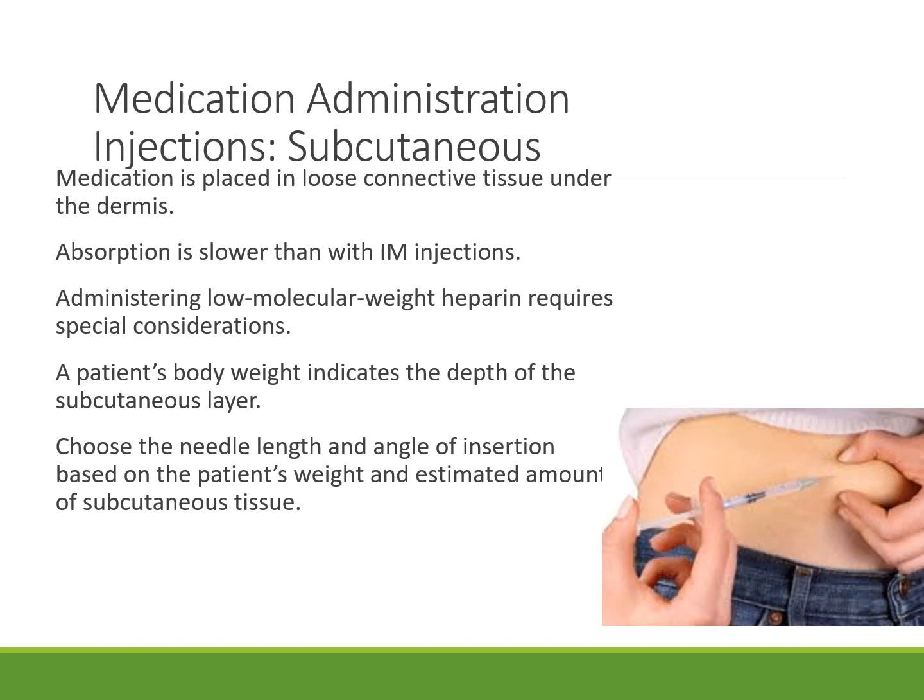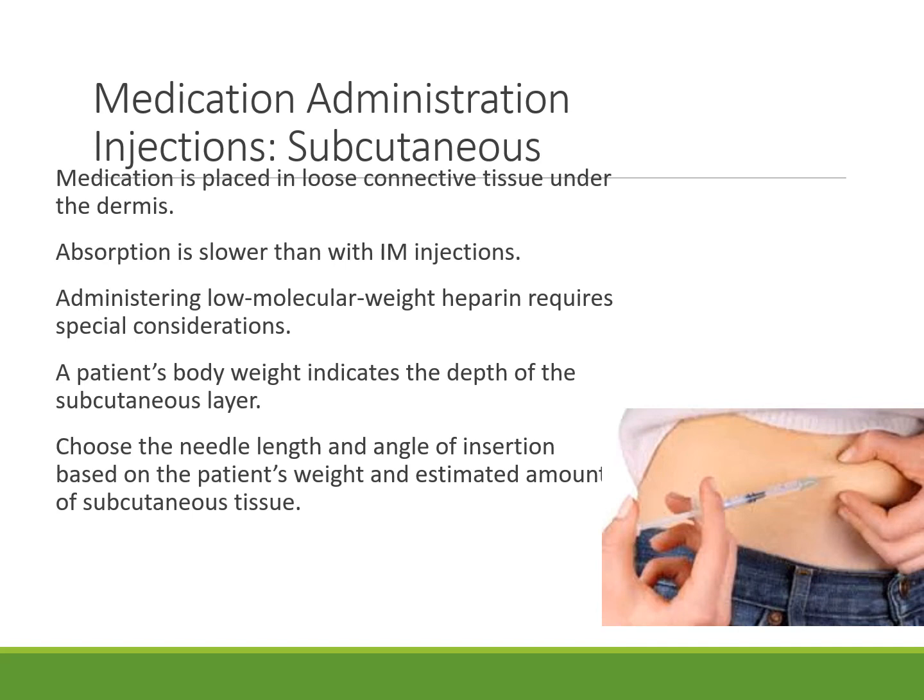You also have to choose the needle length and angle of insertion based on patient's weight and amount of subcutaneous tissue. So most subcutaneously administered drugs are given in the abdomen. Sa abdominal area kasi nandyan ang maraming subcutaneous tissues. So insulin, heparin, dyan yan ina-administer sa abdominal area.